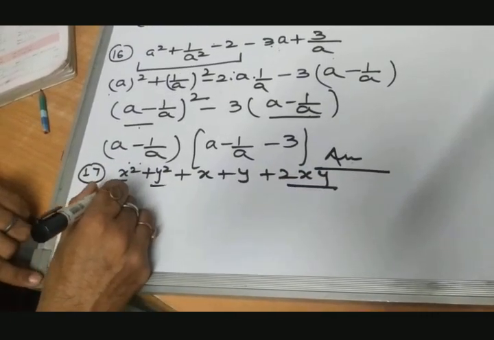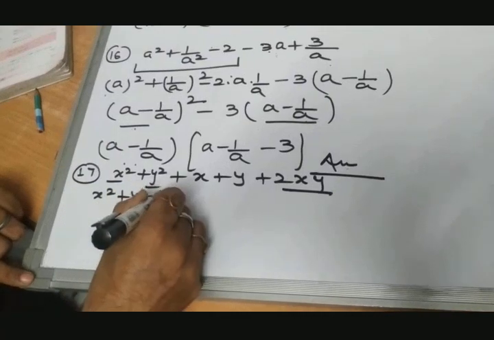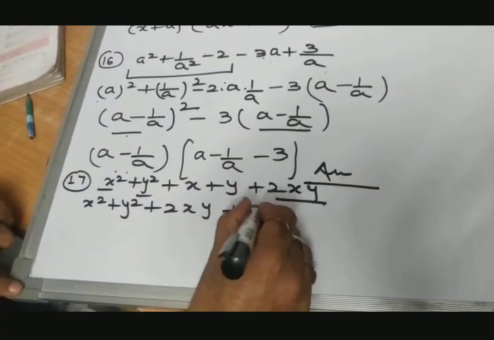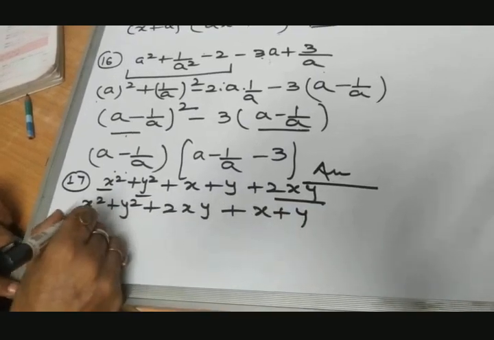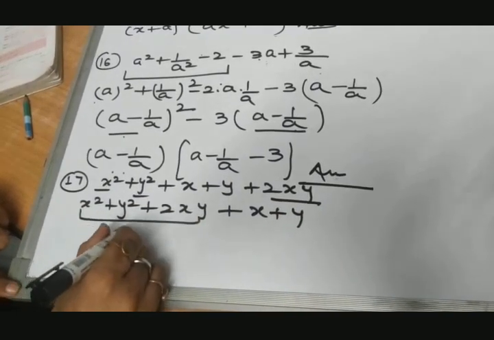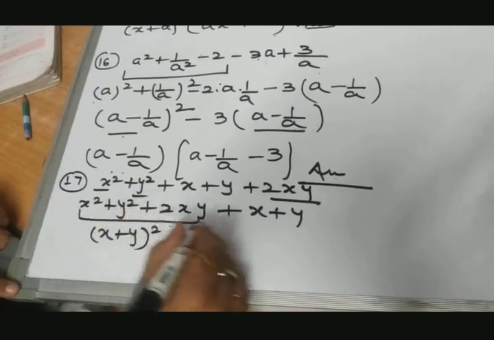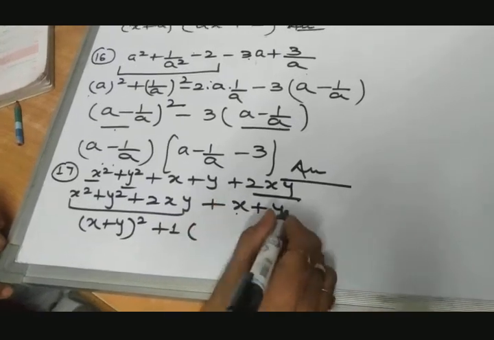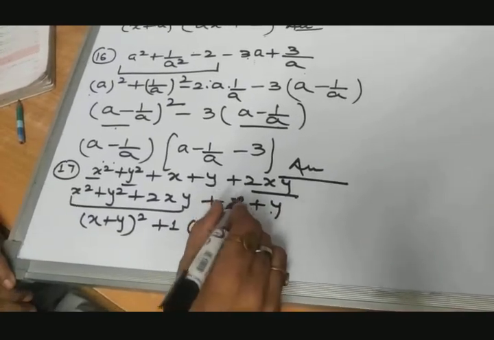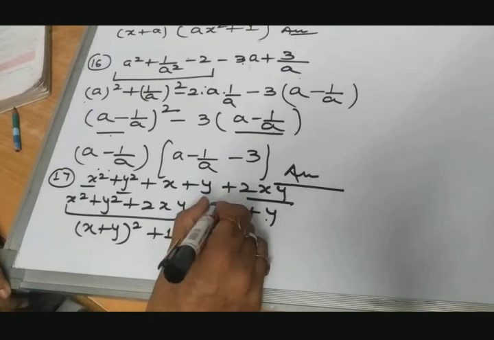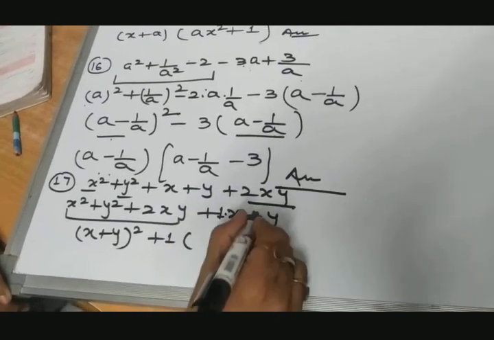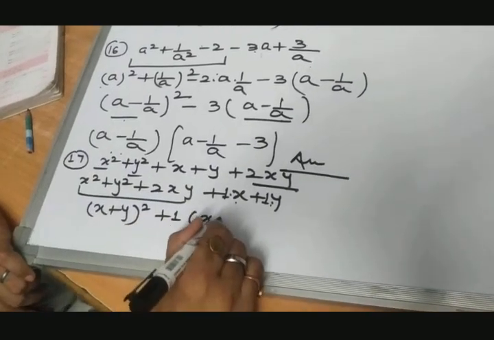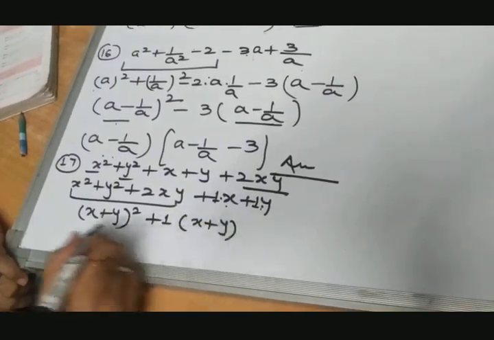We write the first group as x square plus y square plus 2xy, and the second group as x plus y. The first may be written as x plus y whole square, because it is a formula of x plus y whole square. Now we will take 1 as the common, because nothing is the same in both terms. Here x has the coefficient 1, y also has the coefficient 1. So 1 is taken as the common, and the term converts into 1 into x plus y.